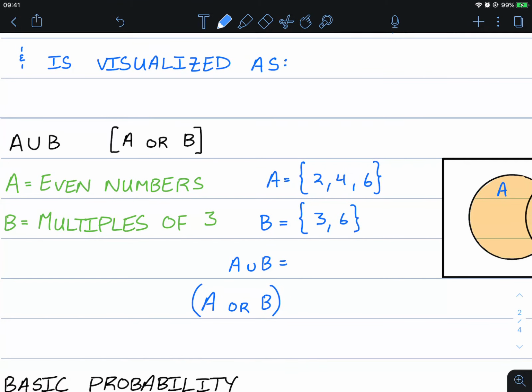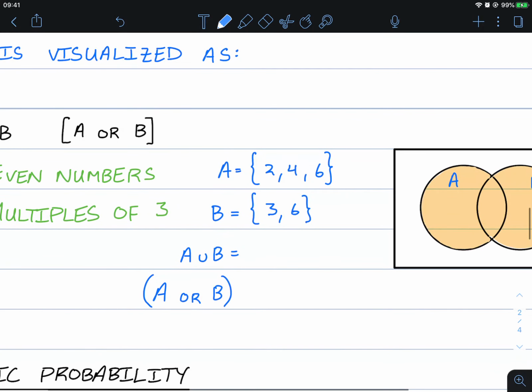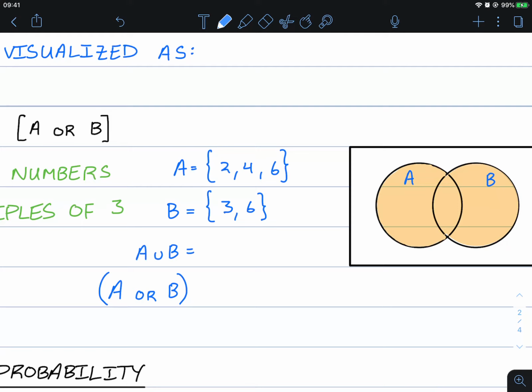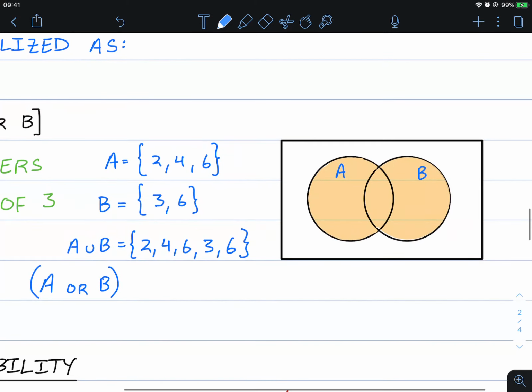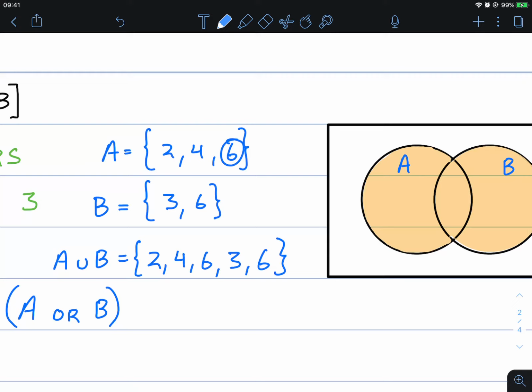If A is 2, 4, 6, B is 3, 6, A union B is, we're going to combine both of these. So if we combine this, it'll be 2, 4, 6 from A, and then 3, 6 from B. However, because 6 has already been counted, we make sure that we don't count it again.